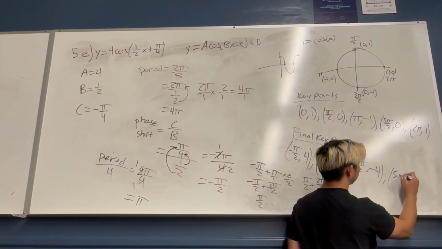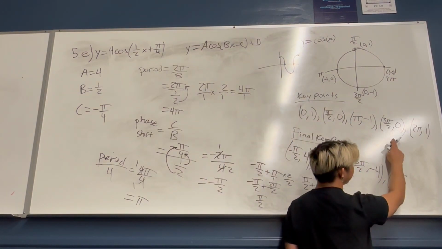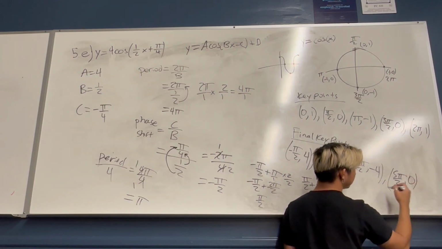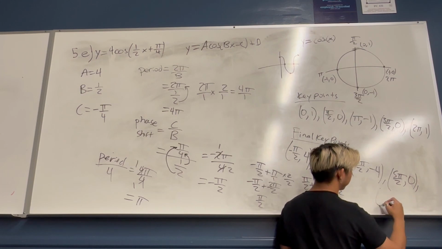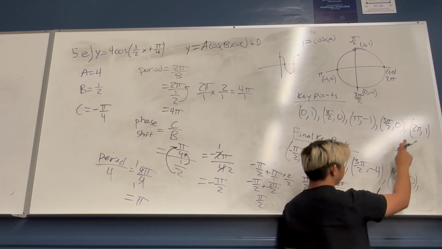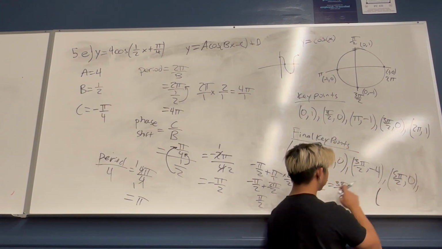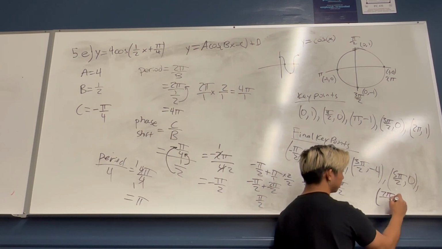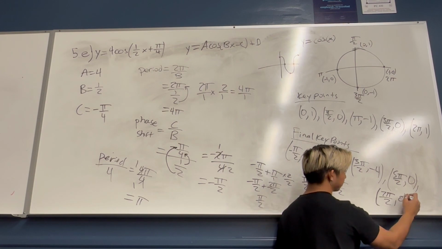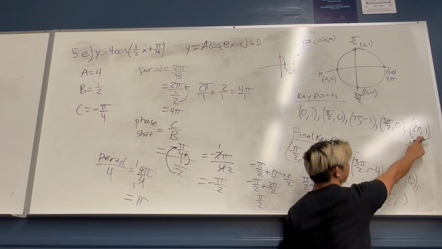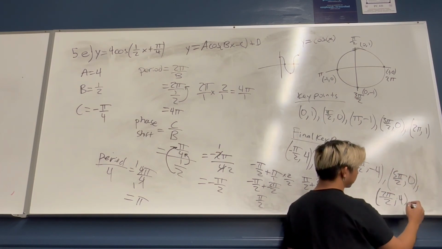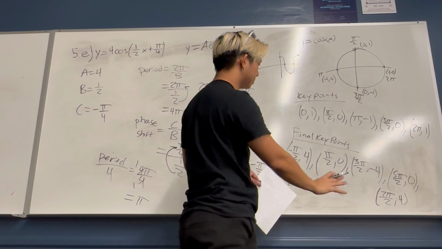And we look up here, what's our y coordinate? 0. So 0 times 4, 0. And then let's put our final coordinate here. So we have 5 pi over 2 plus 2 pi over 2 again. So this gives us 7 pi over 2. 7 pi over 2 comma 0. Oh, actually, no, not comma 0, sorry. We look up here, what's our y value? 1, right? So 1 times 4 is 4. And so this completes our final key points.